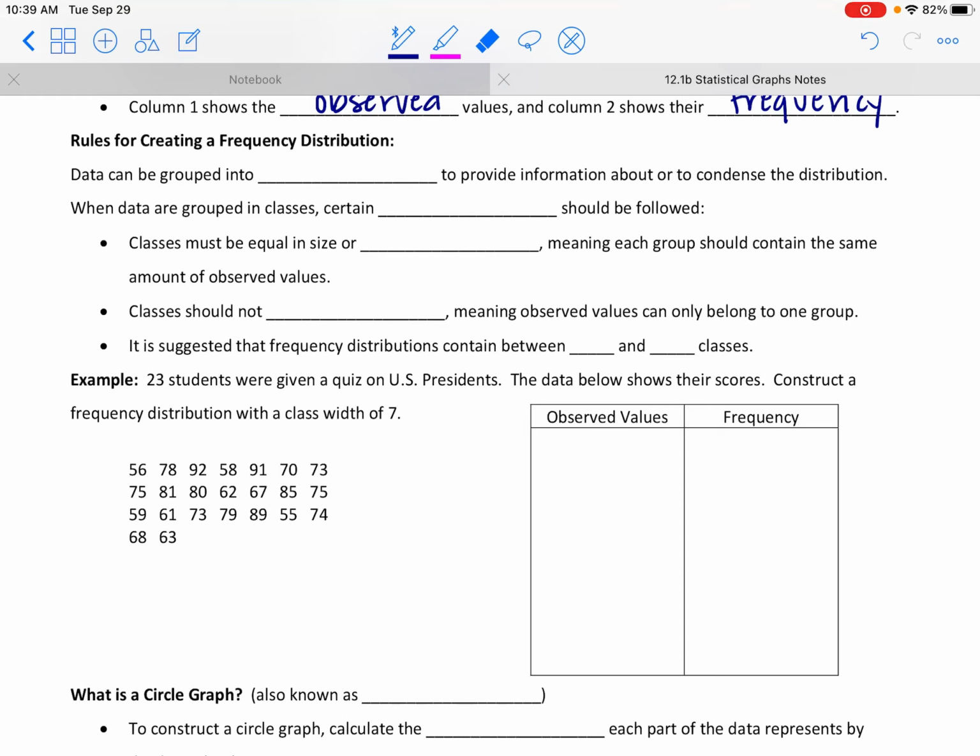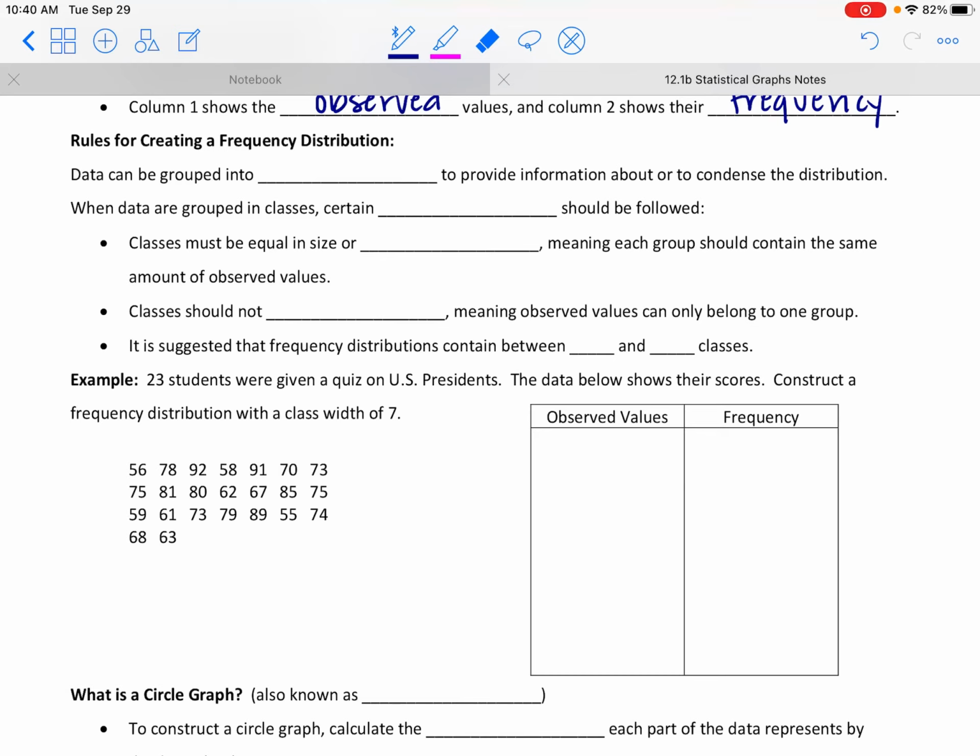So maybe we put the students who got from 90 to 100 in a group, and then 79 to 89 in a group, and so on. So you're going to group these things to try to make it a more organized two-column table for your data.